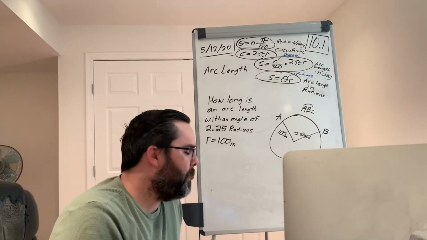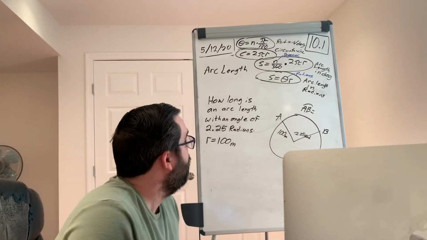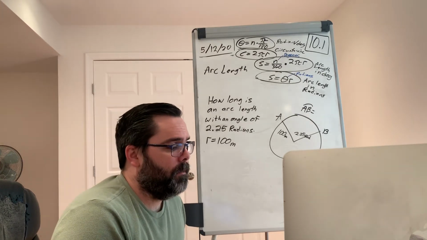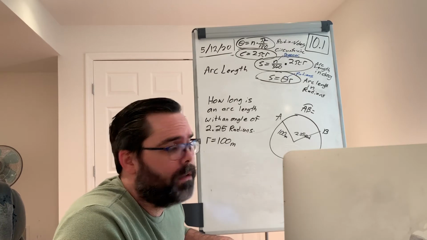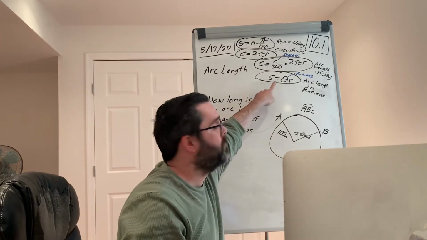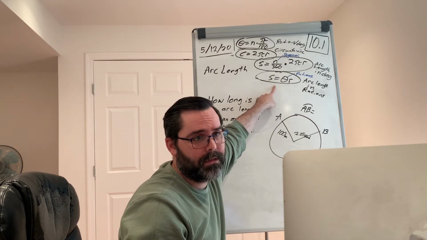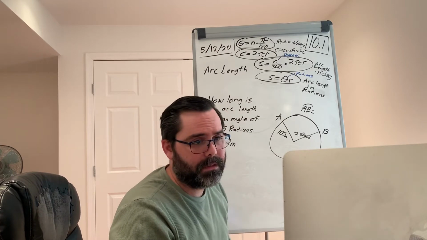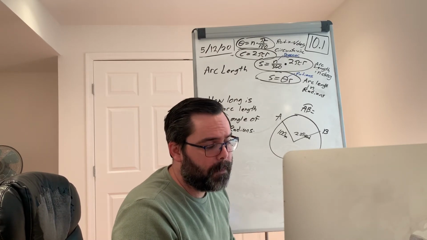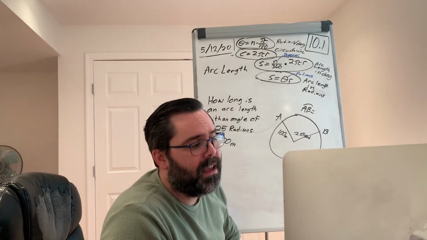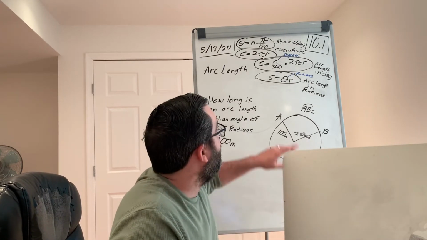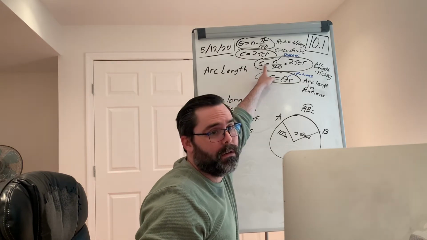Okay, so you have a few options here. You could use this formula here, which would be super fast. Or you could convert 2.25 radians into degrees and then use this formula here.